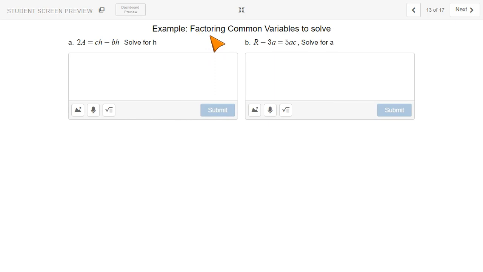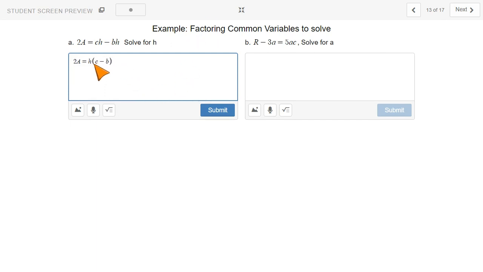Sometimes we need to use common variables in order to help us solve. Now we know that when we're asked to solve for h, what it's saying is I need to find what h is equal to. So h equals blah, blah, blah. But the trouble is we have two terms with the letter h in it. The way we're going to get around this is we're going to factor out the h so that h is only one term now. 2a is equal to h times c minus b.